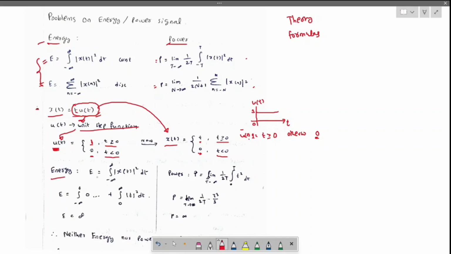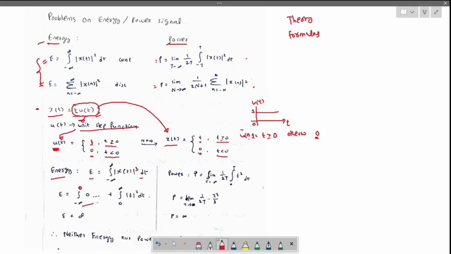For the energy, let us use the formula. This is a continuous time signal, right? Let us apply the continuous time signal energy formula: integral from minus infinity to infinity of x of t whole square dt. Here minus infinity to 0 is one term, and 0 to infinity is another term.